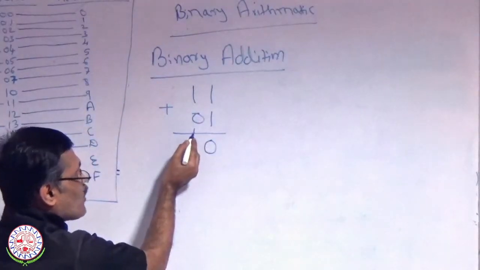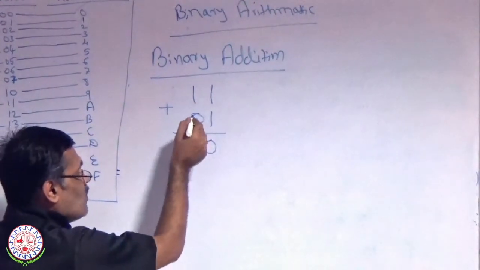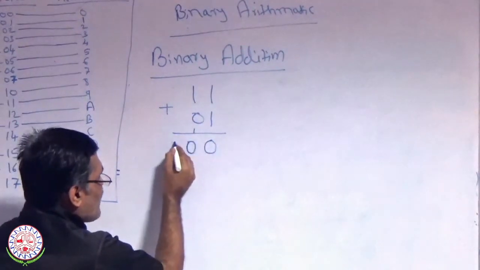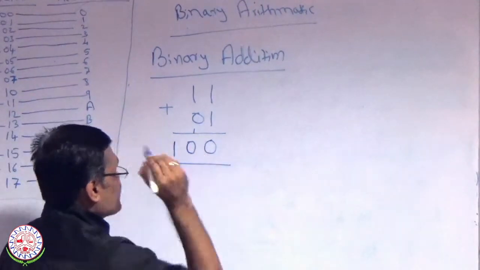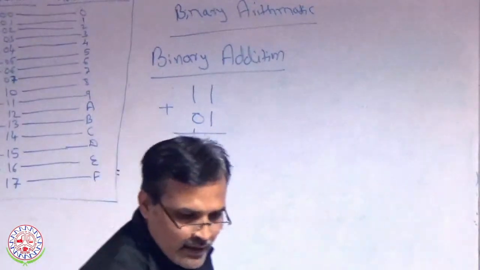Then we have the carry generated previously, so 1 plus 1 is 0 and carry is 1. The total result is 100 in this case.